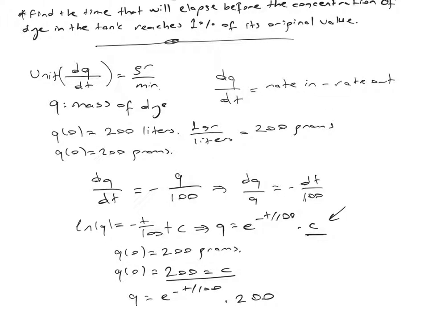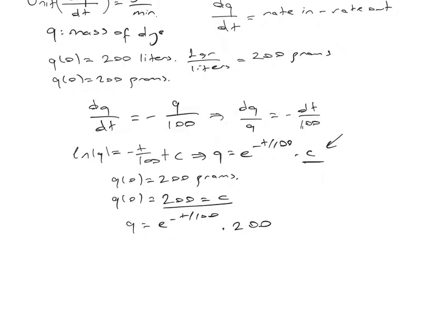In the question, we are asked to find the time that will elapse before the concentration of dye in the tank reaches 1% of its original value. 1% of 200 grams is equal to 2 grams. So 2 is equal to e to the minus t over 100 times 200.